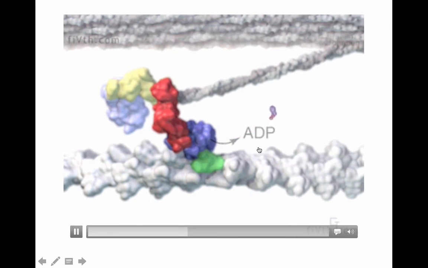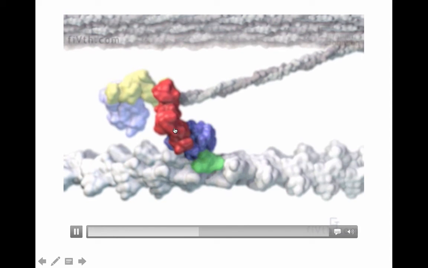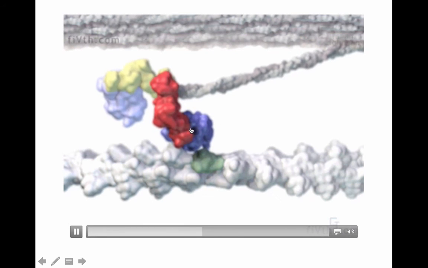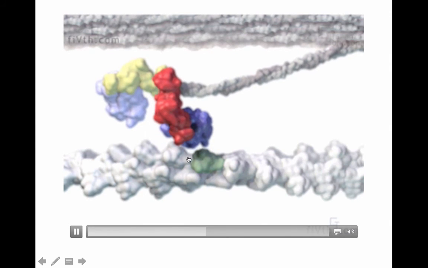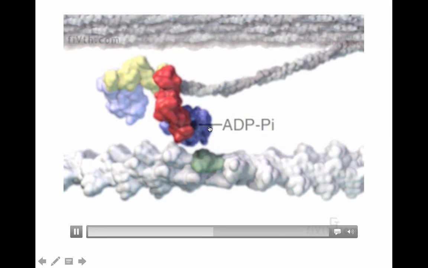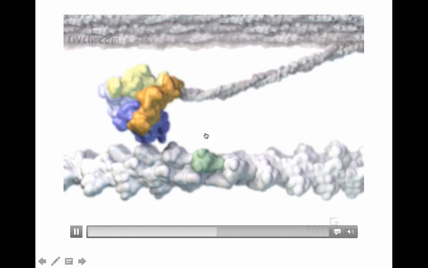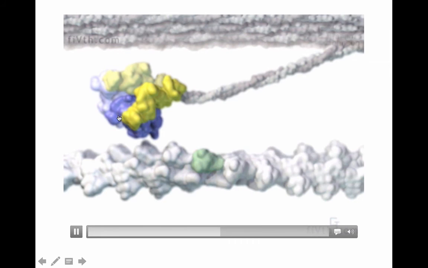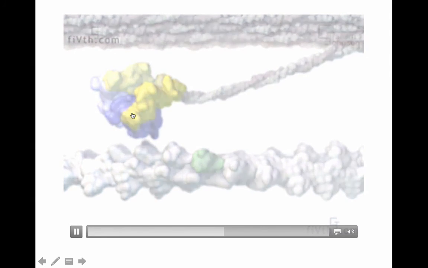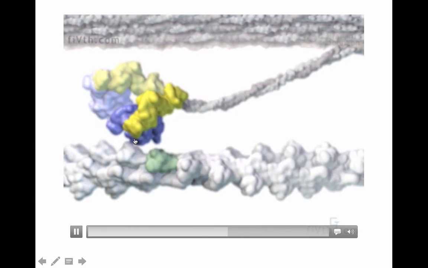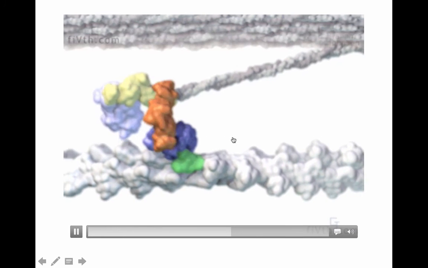And you see this conformational change. ADP is lost, ATP comes in. It loses its grip on the actin. ATP is hydrolyzed, it kicks forward and binds to actin, releasing that phosphate group.